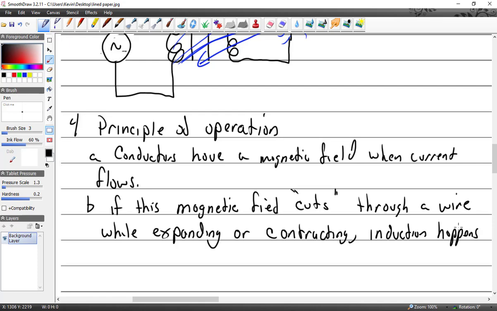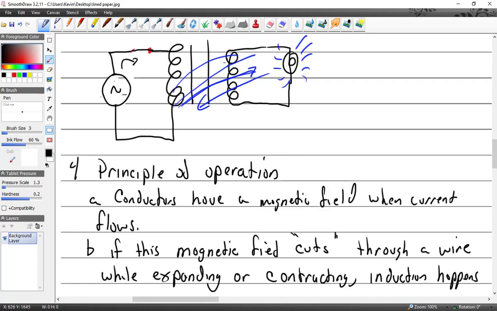So what I've done up here in this drawing, I've induced a current in the secondary. So that's induction.